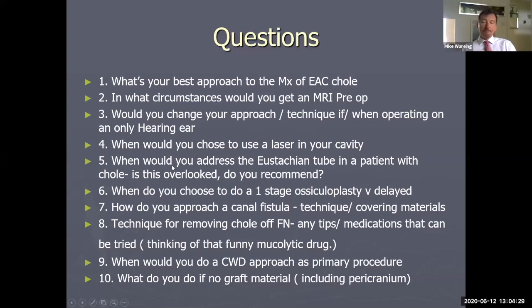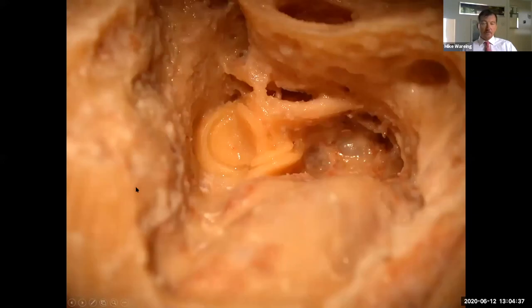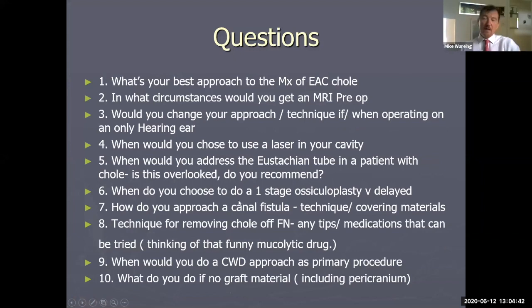Now this is a good question, and there's another question a bit later on, which is about the Eustachian tube, and someone asked, so why don't you just do a Eustachian tuboplasty, because this is probably all about the Eustachian tube? And the answer to that is, if a Eustachian tuboplasty was the answer to all Eustachian tube dysfunction problems, then yes, it might be worthwhile doing, but I think it's not.